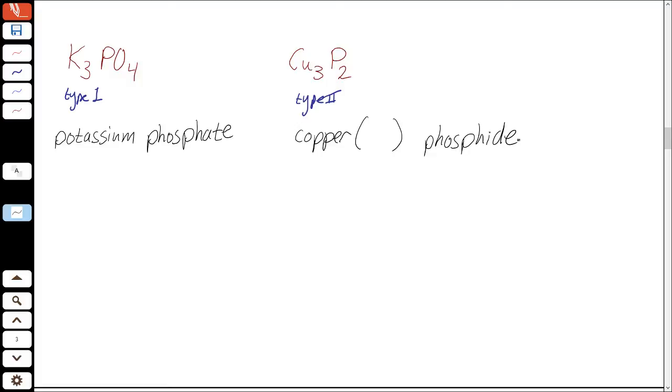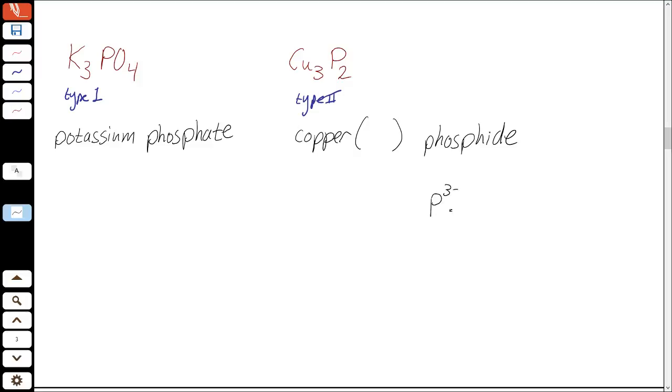So now we have to figure out the charge on copper. How do we do that? Isn't it the same number as the subscript? It's not the same number as the subscript, but you're on the right track. We're going to use the subscripts to figure it out. Yeah, we have to use the charge on phosphide. We know the charge on phosphide because we know that that's in column 5A with nitrogen, and so we would predict that it has a -3 charge.